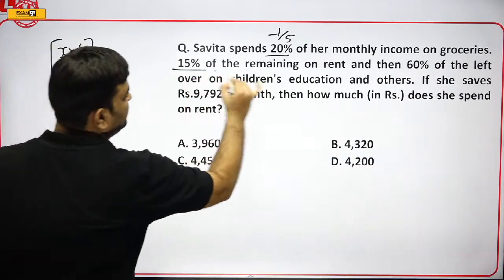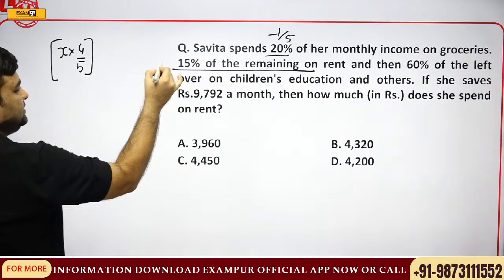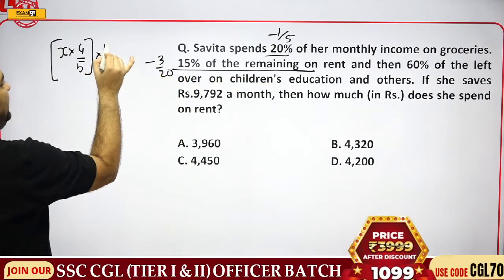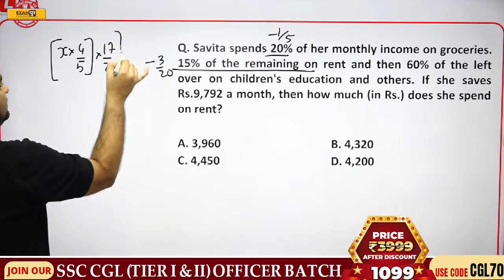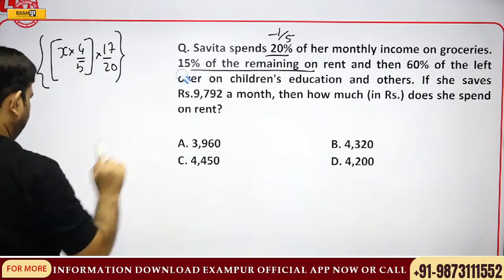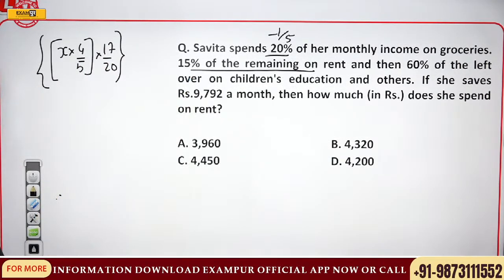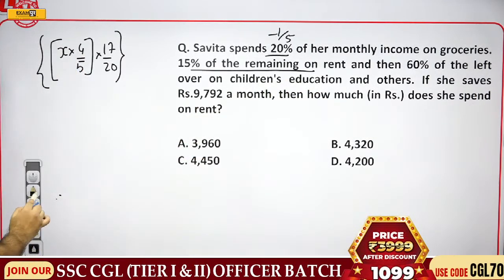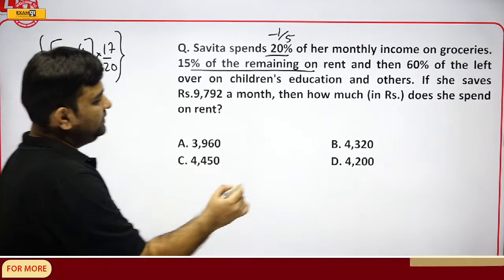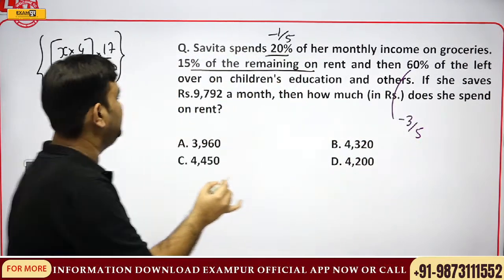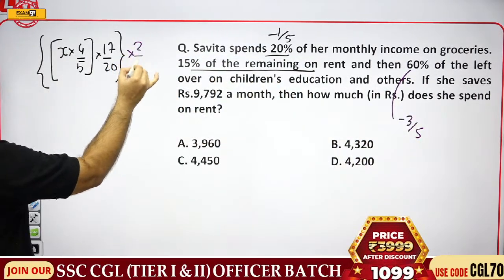Then 15% of the remaining on the rent, so it's 3 over 20, so 17 by 20 is remaining. Then 60% of whatever is remaining on the children's education, so expenditure of 3 over 5 and 2 over 5 is remaining.